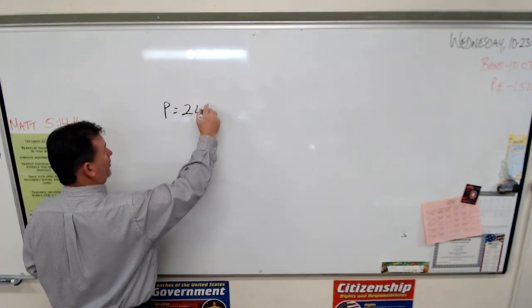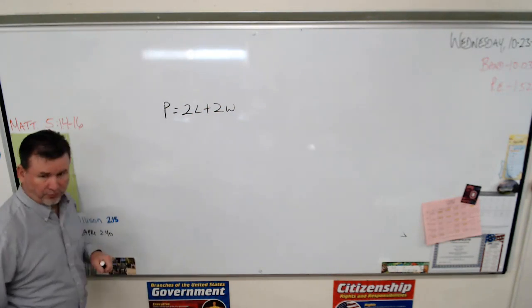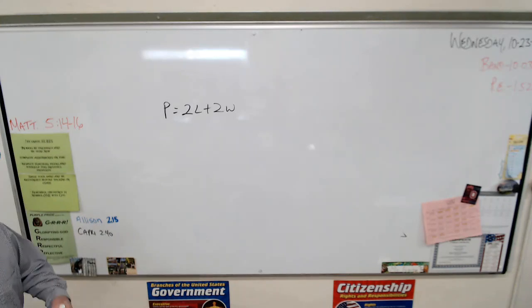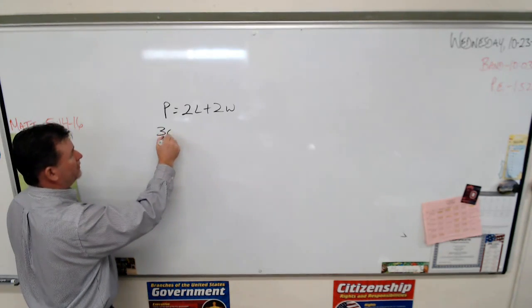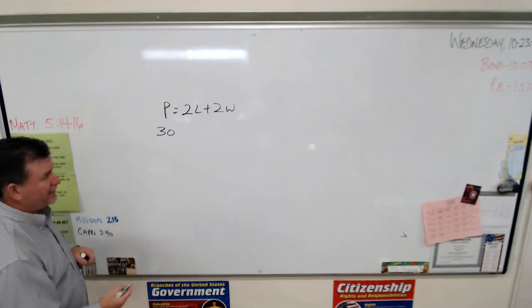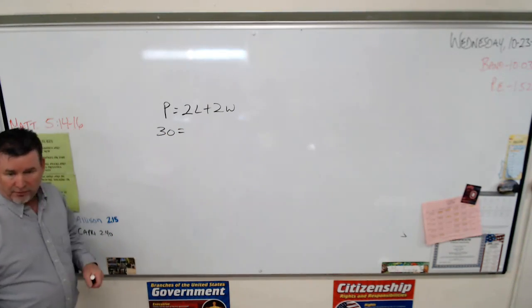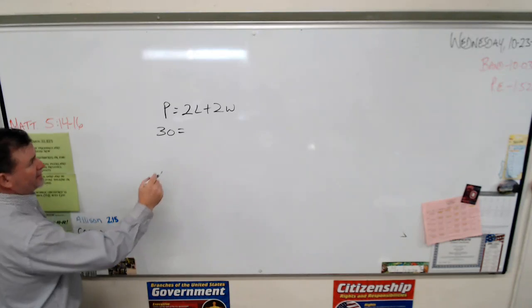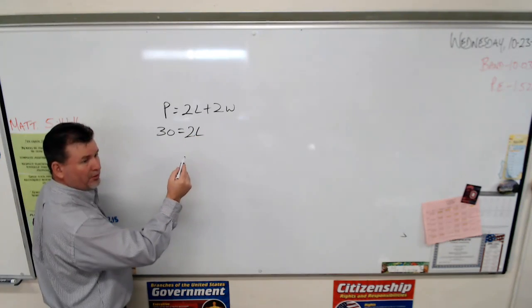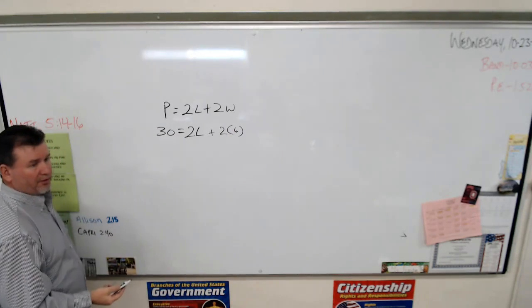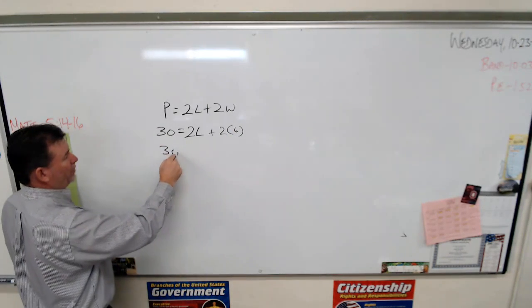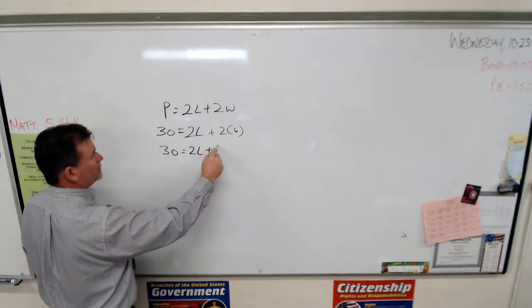It's 2L plus 2W. What did they tell me? Here's the information they gave me: the total perimeter is 30. What else did they tell me? That the width is 6. They don't tell me the L, but they tell me the width. 30 then equals 2L plus 12.